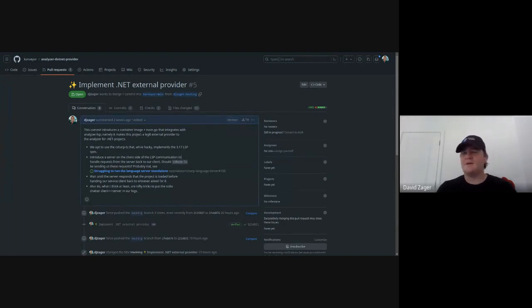And then the big issue that we ran into is actually talking to the language server. So you should expect to see blog posts or something talking about that process, because that was fun. One thing we had to do to get this to work, you see in the second bullet point here, is introducing a server on the client side.